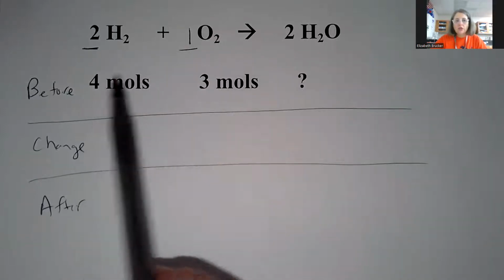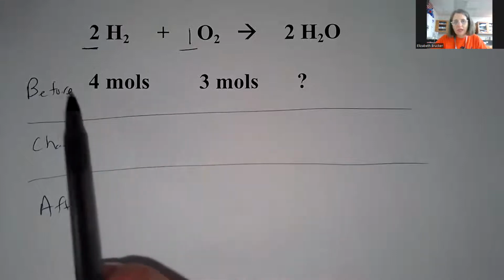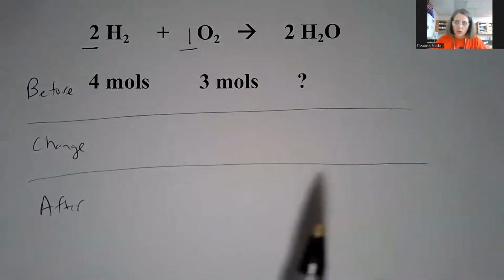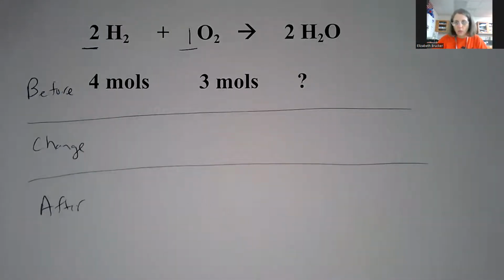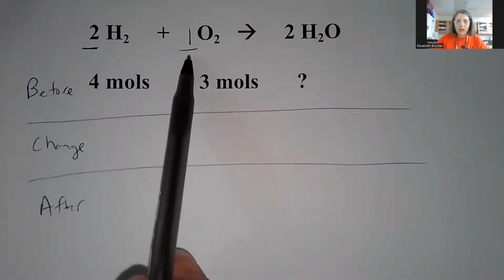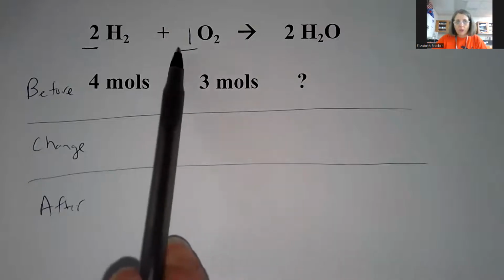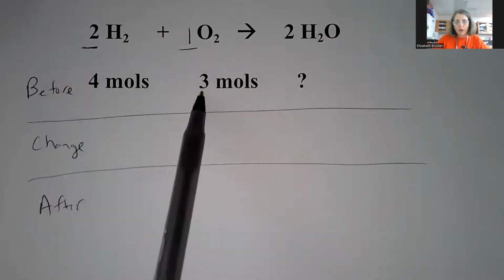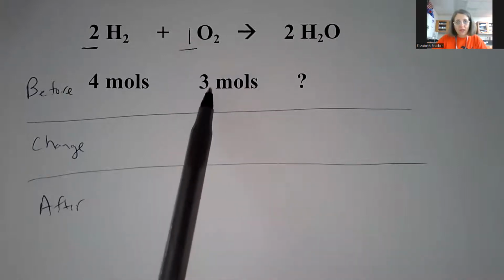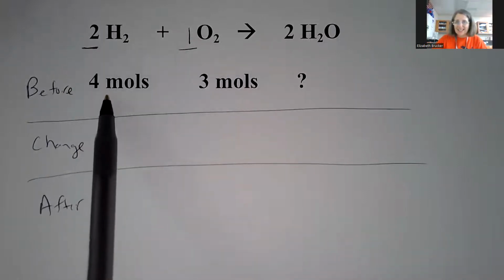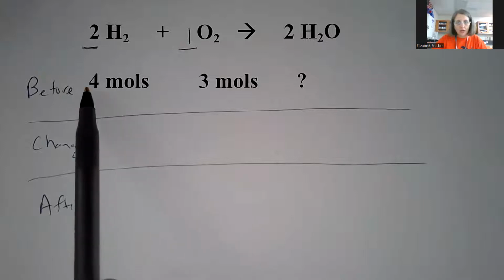So look at what's given in the problem and see if you can rationalize which one is going to be limiting and which one is going to be what we call excess. For every 1 mole of oxygen, I need twice the amount of hydrogen. I have 3 moles of oxygen, so if I need twice that, I need 6 moles of hydrogen, and I don't have that.